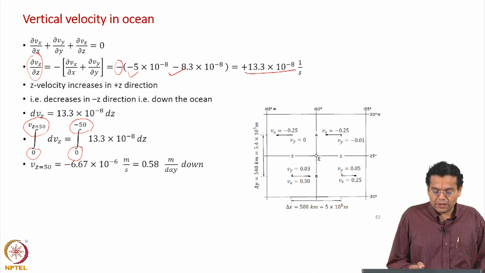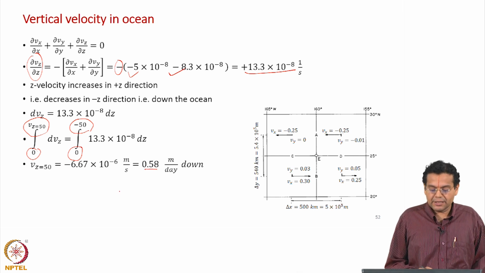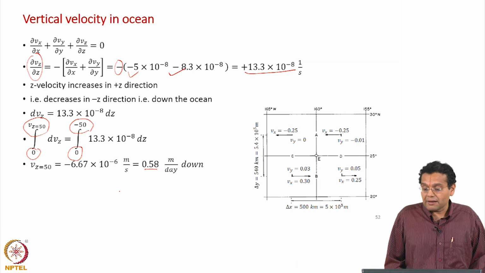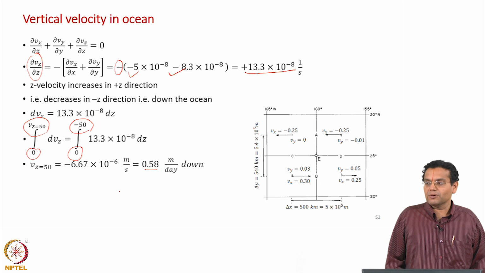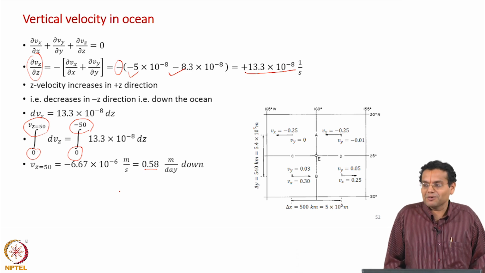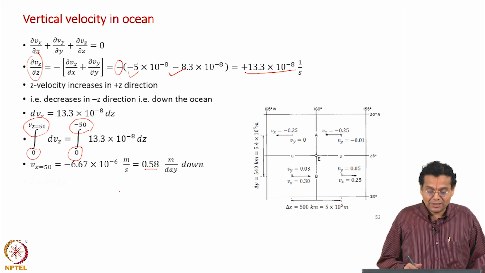To get an idea of what this velocity is, you will be travelling 0.58 meters per day. So, in a day you will travel only roughly 0.6 meters, very low velocity. Of course, it is down.